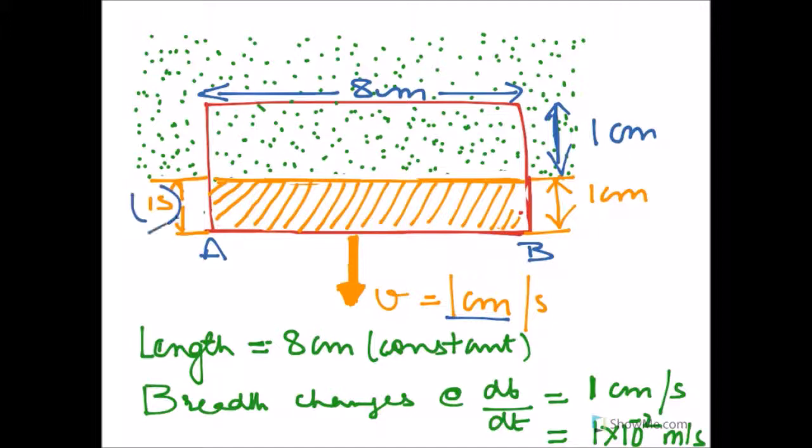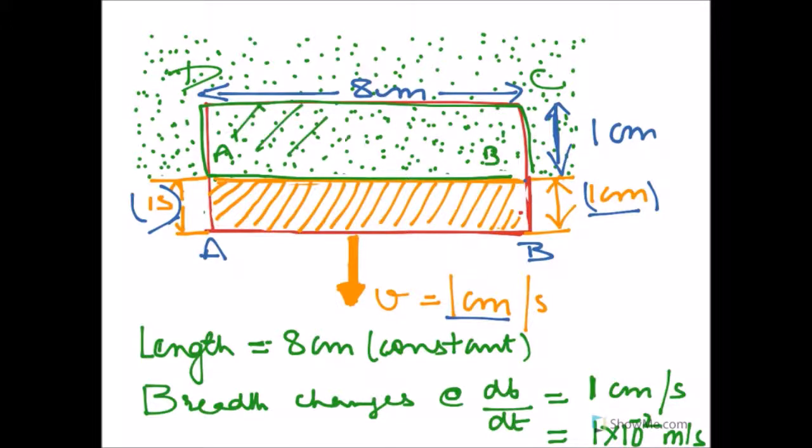After 1 second, 1 centimeter of the loop will be out of the magnetic field. So the area that will contain the magnetic flux is only given by this, that is CD A dash B dash. So this area has now reduced.